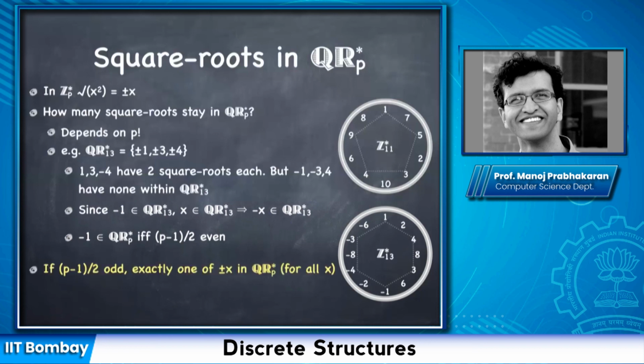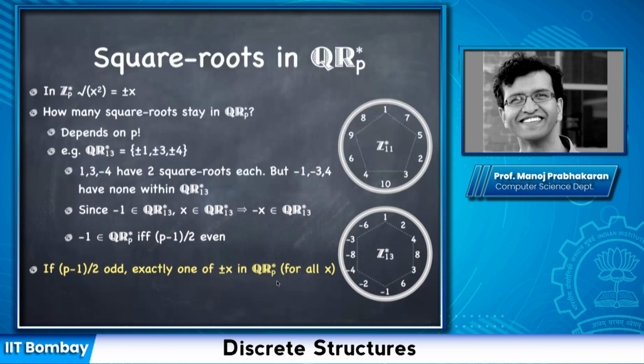Okay, so this turns out to be a nice and simple case that is useful in some applications, that you would work with a P such that P minus 1 over 2 is odd. So P is prime and P minus 1 over 2 is odd, so that within QRP star, square roots are unique.